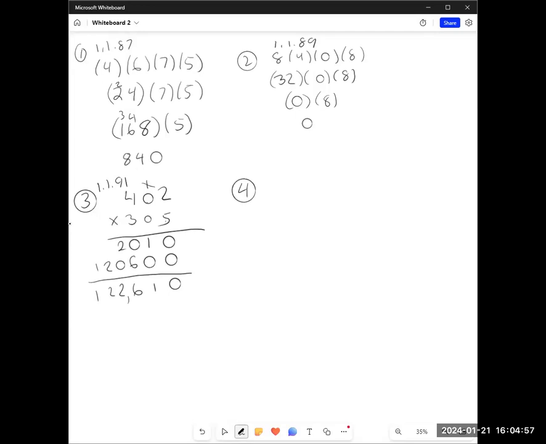And now we have another example, very similar. So I'm going to take 1 times 2 is 2. 1 times 0 is 0. 1 times 5 is 5. 0 in the ones place. 0 in the tens place.